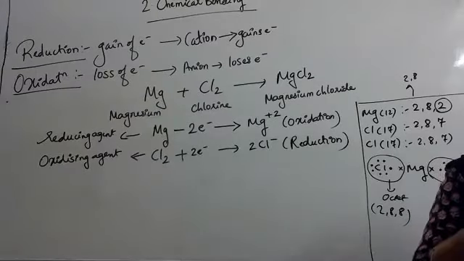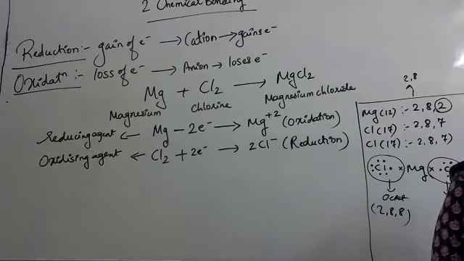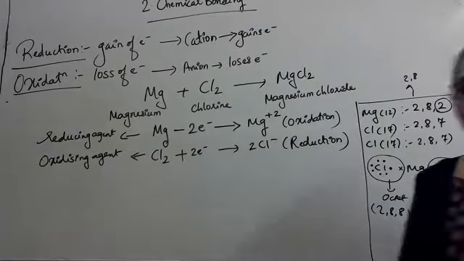Okay, then we have already seen covalent molecules of hydrogen, chlorine, nitrogen, oxygen. Now we come to the next part, that is the coordinate bond or dative bond.